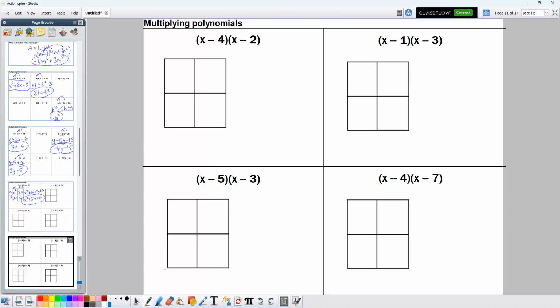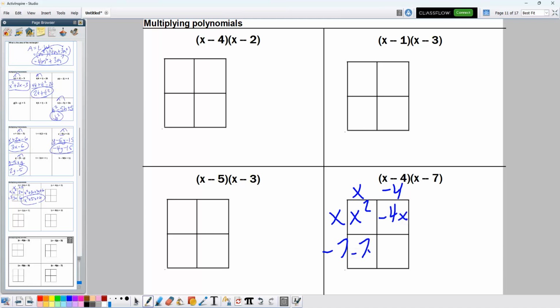Next, let's pick one out. Let's do the bottom right. I've got x minus 4 and x minus 7. You could put the x minus 7 up top. You could put the x minus 4 on the left side. You'll get the same exact answer. Doesn't matter. X times x is x squared. Negative 4 times x is negative 4x.